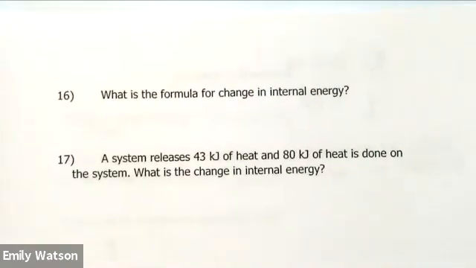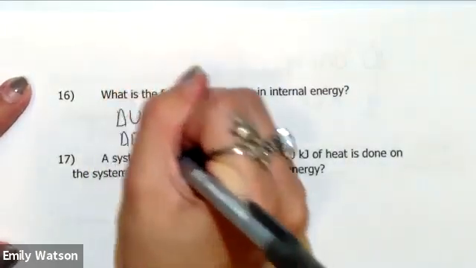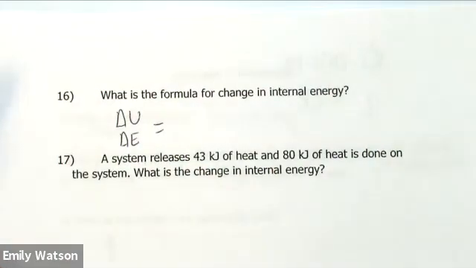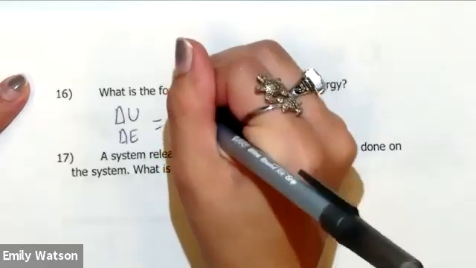So, what is the formula for change in internal energy? Delta U equals Q plus W. Yes, so you can use delta U or you can use delta E, whichever you're most comfortable with. I prefer delta E because delta U just looks a little ugly to me. Q plus W. What is Q? Heat.